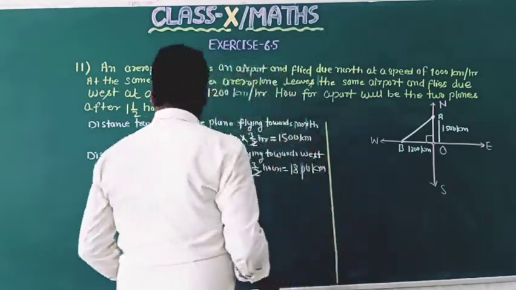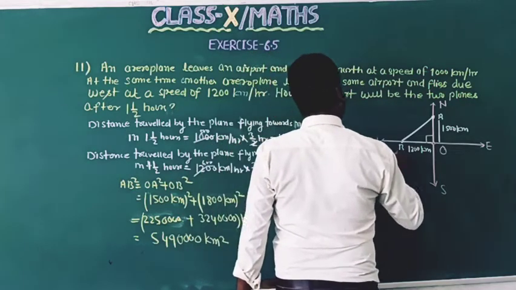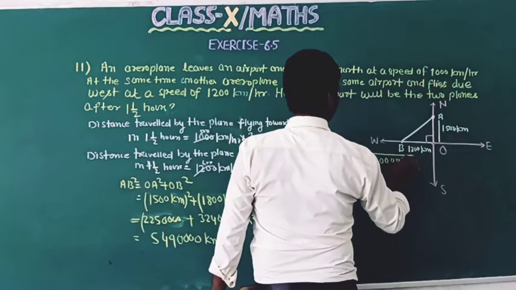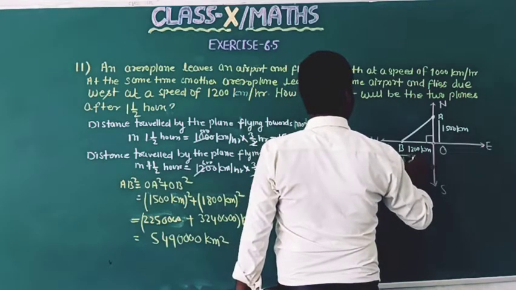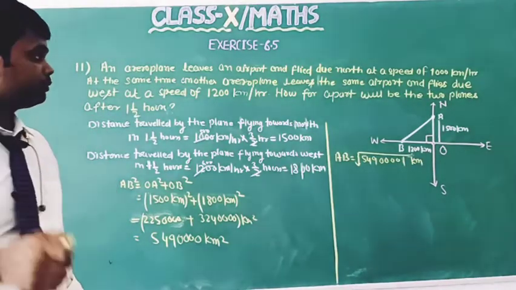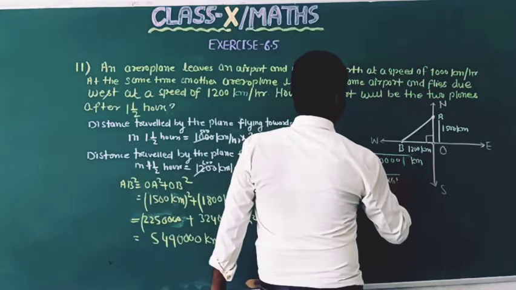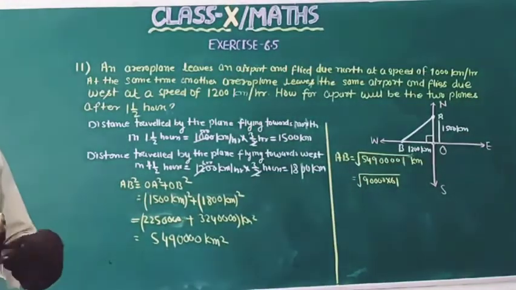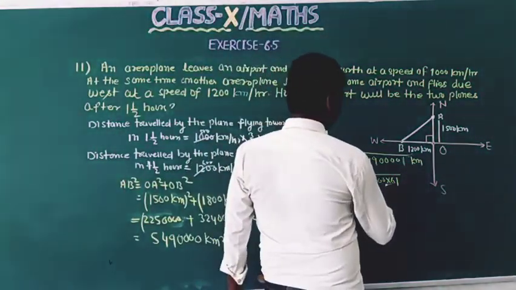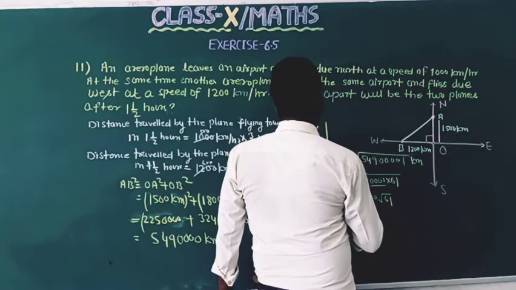And AB equals the square root of 5490000 kilometer, and this can be written as 900 into 61, which is the square root of it, 300 square root 61 kilometer.